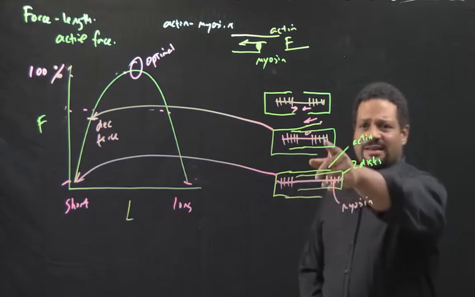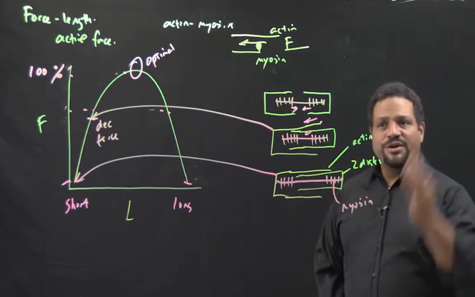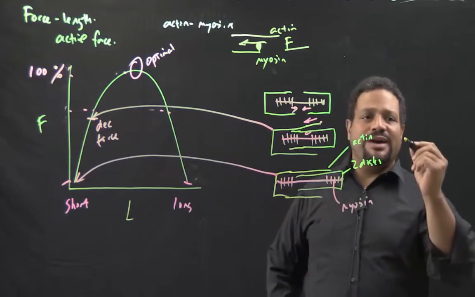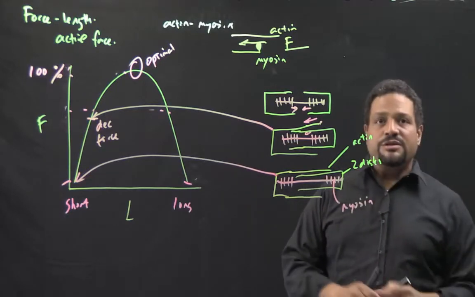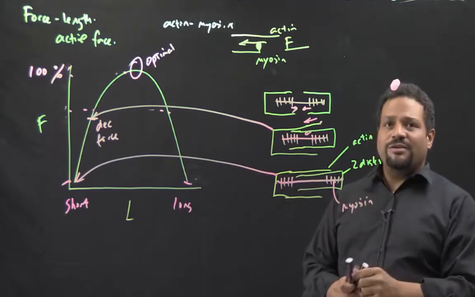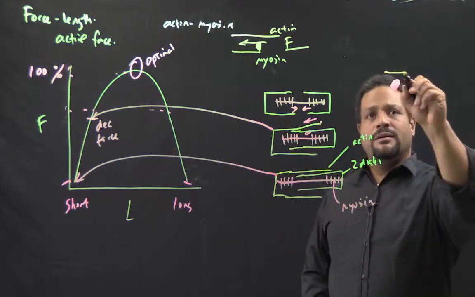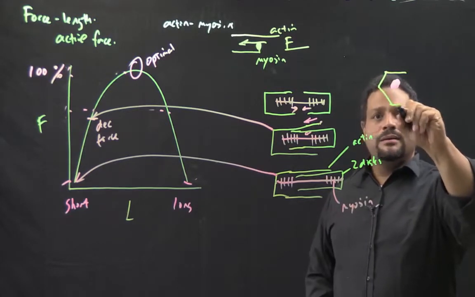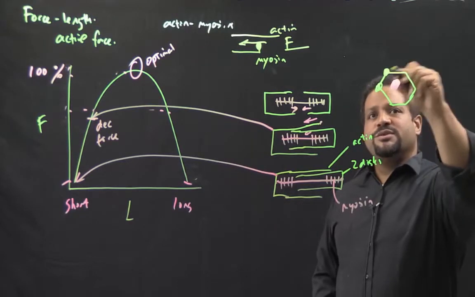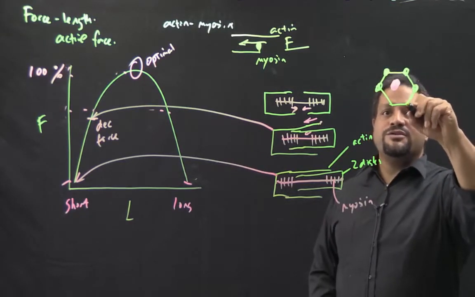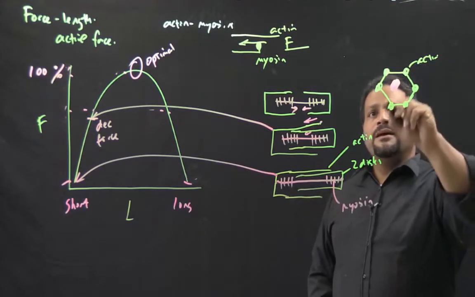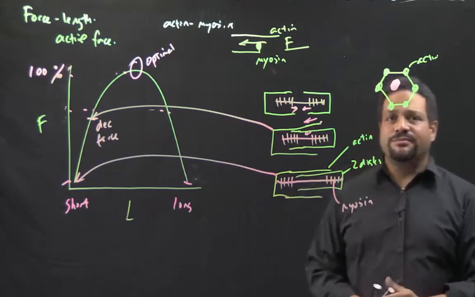Diagrammatically, this interference can be shown when you slice the muscle in cross-section and look at the myosin-actin interaction. So here you have myosin, thick filament, surrounded by a hexagon. And I'm just doing that hexagon so that I can draw the actin. So here's the actin, and in the middle is the myosin.